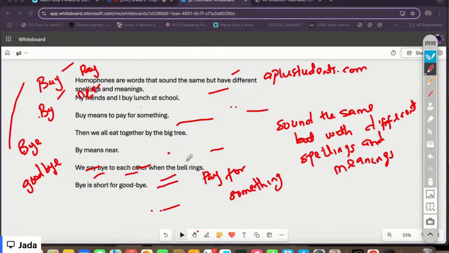When it's time to go home from school, you say bye to your friends. All of them sound the same, but they have different spellings and different meanings. The first one is to buy something and you pay for it. The next one is near a place, next to something. And then the bye as in goodbye, see you next time.